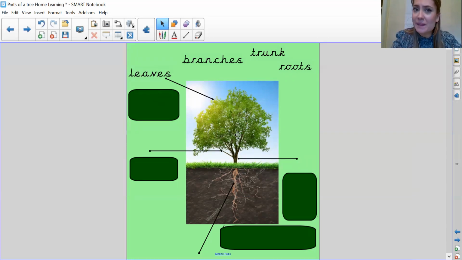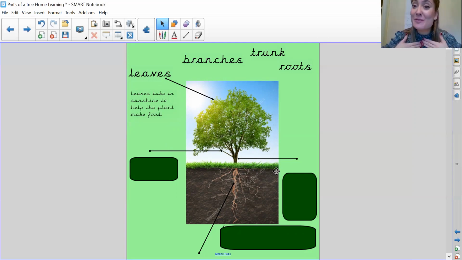Now, can you remember the job of the leaves? We did this when we did our plants, didn't we? Let's have a look and see if you're right. The leaves take in the sunshine to help the plant make food. And that is called photosynthesis. Fantastic, where they take in all of that sunshine and make it into food.